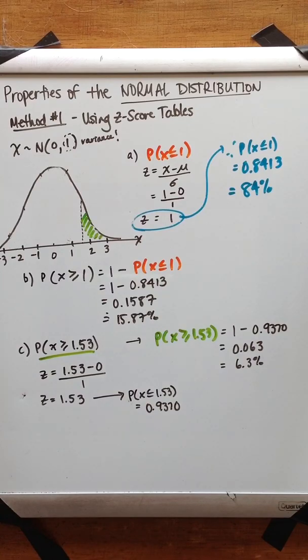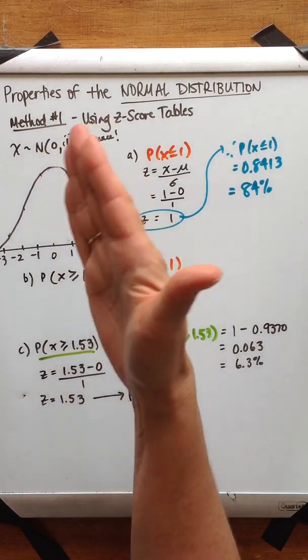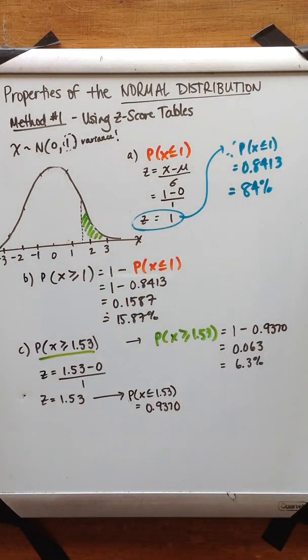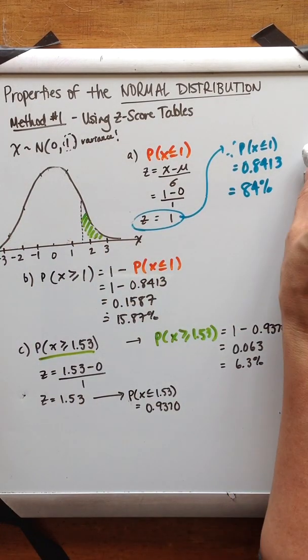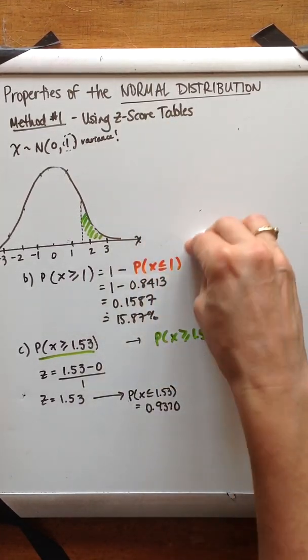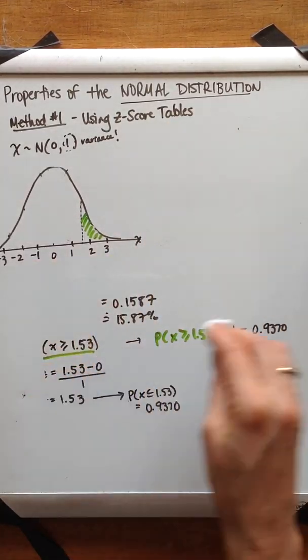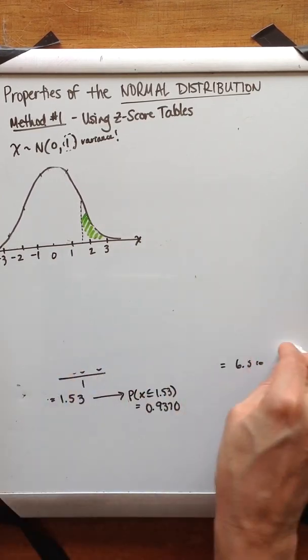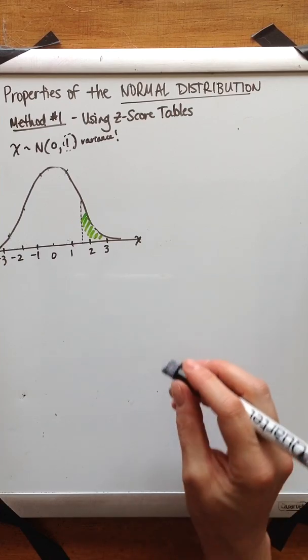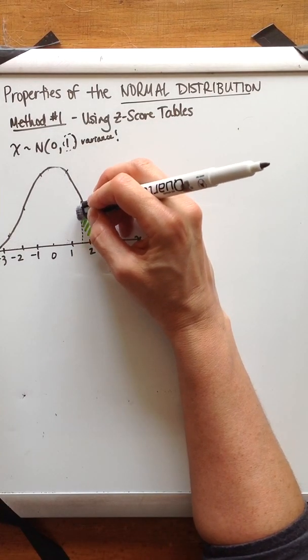Now, we can also not just look at chunks at one end or the other. We can look at chunks in the middle too. So I'm going to leave that diagram up. And what if I said to you, what is the probability of an x value being between -1 and 1.5?